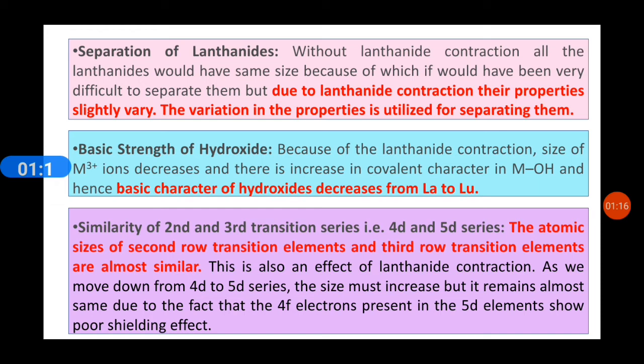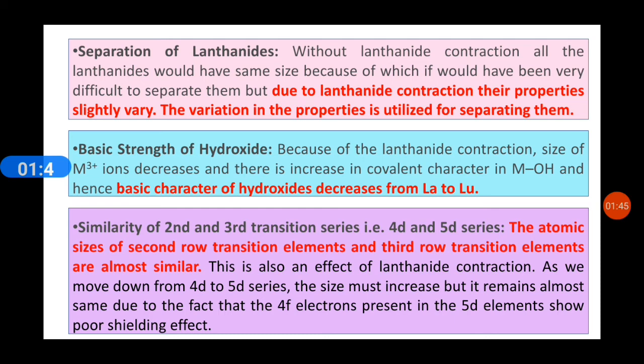Then another consequence is similarity in second and third transition series, that is 4d and 5d series. There is increase in size when we move in a group from top to bottom, that is from 3d to 4d size increases, but from 4d to 5d the increase in size is not much, and the post lanthanum elements of 5d series are almost similar in size of corresponding elements of 4d series.